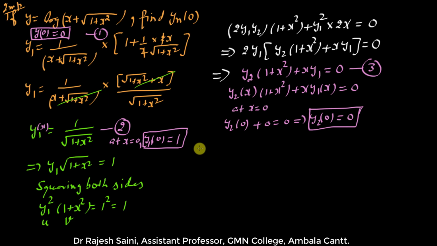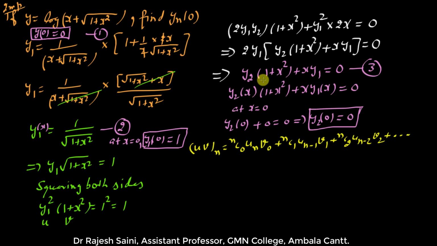Can we once again write it over here, that (uv)^(n), the nth order derivative, is equal to nC0 u_n v_0 plus nC1 u_(n-1) v_1 plus nC2 u_(n-2) v_2, and so on. It will continue something like that.